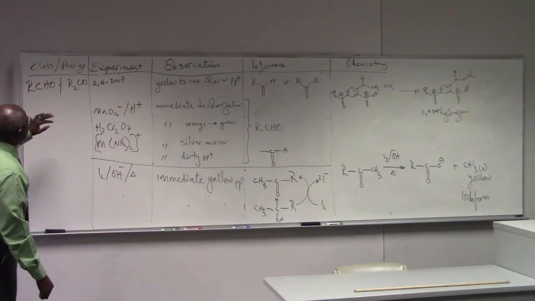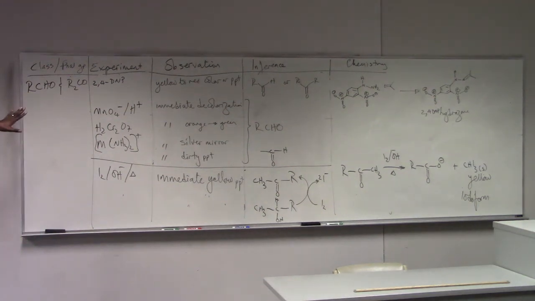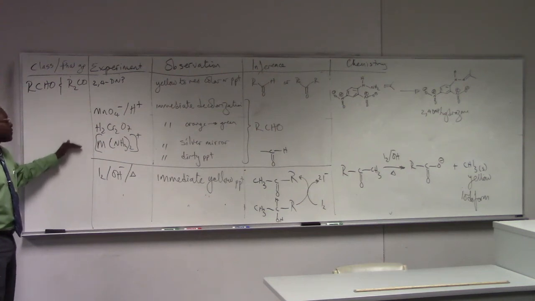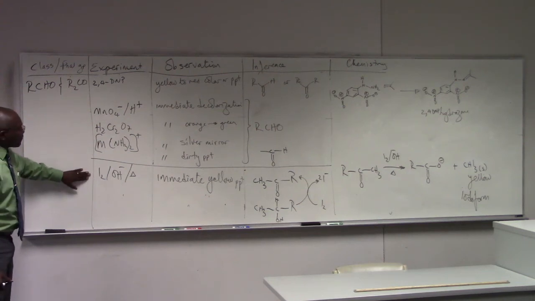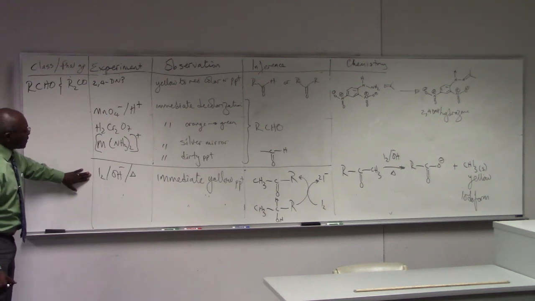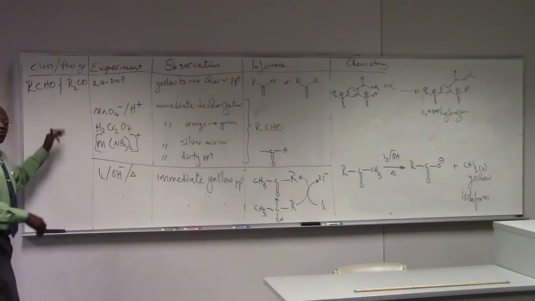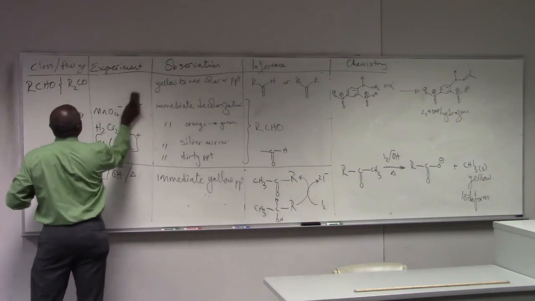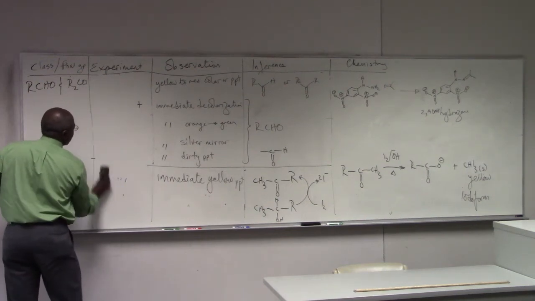Right, so we did carbonyls, 2,4-DNP, oxidation, including Tollens reagent, iodoform. Let's see, there's one more. I'm going to erase it in the meantime. I'll try to think of it. So there's one more that we should look at. Carbonyls.